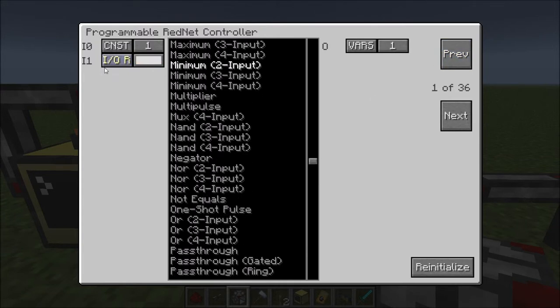If you're sending a signal directly into here, this will have a signal value of 15. What this minimum gate does is send out the smallest number of the 2 comparisons. So if this is 15, and the constant we're applying it to is 1, if it's active, it's going to send out a 1. Same on here for 2, 4, and 8.